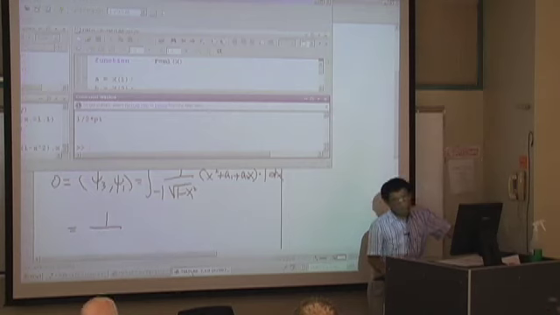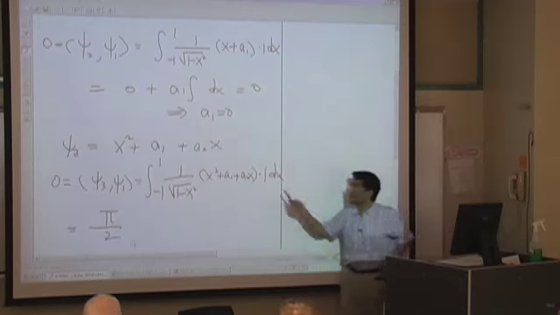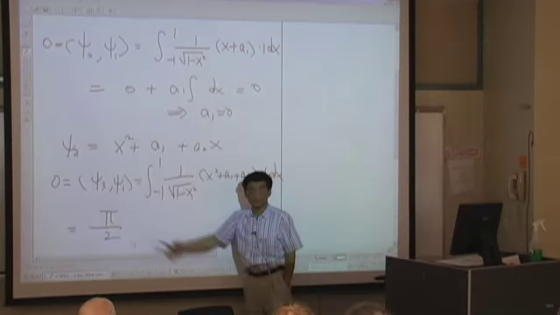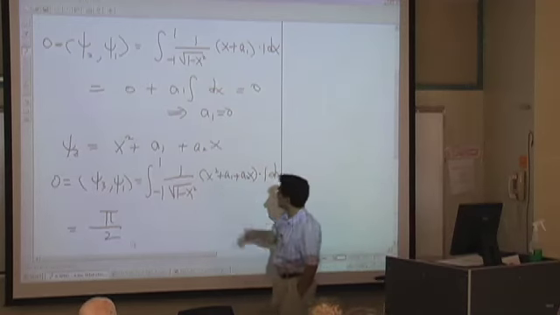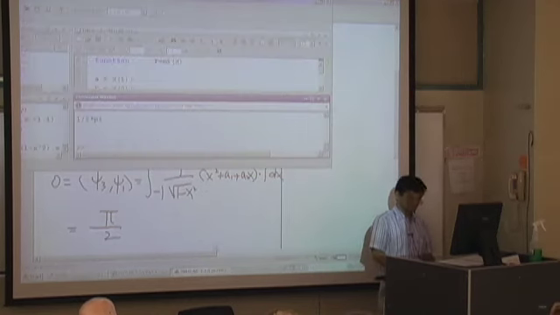Is pi above or below? Right, this is pi over 2. So the first integral is pi over 2. The second integral is this one, right? Pi.